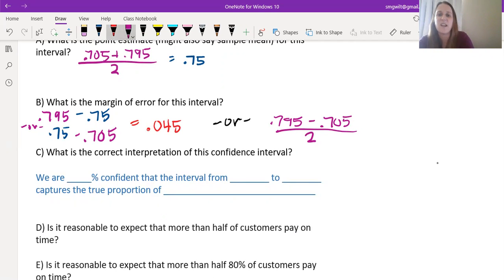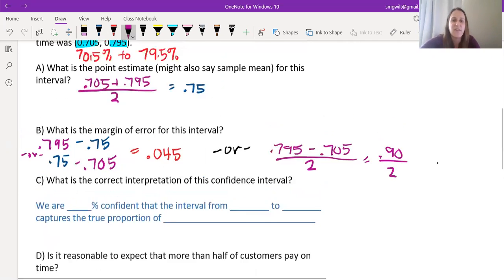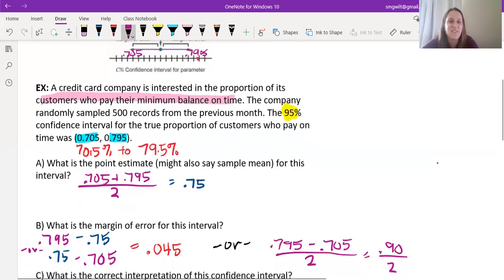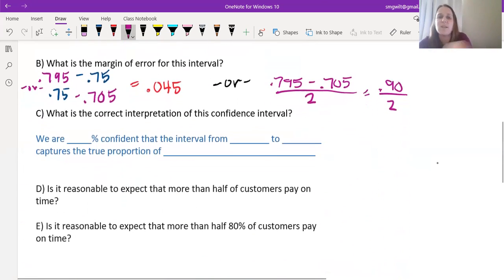So this is going to give me 0.09, which represents the entire length, right? So notice that if I'm thinking about the entire length of that interval, that's 2 margins of error. And so if I divide that by 2, that's going to give me 1 margin of error. So that's going to give me that same number, 0.045.